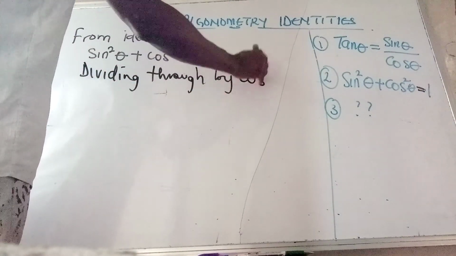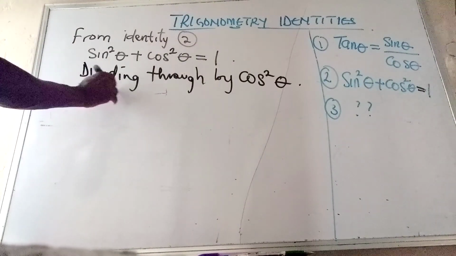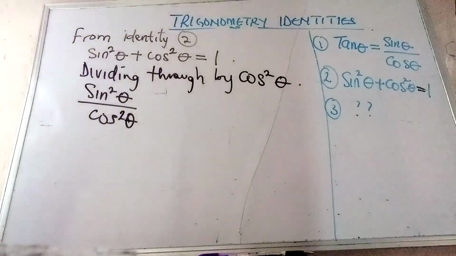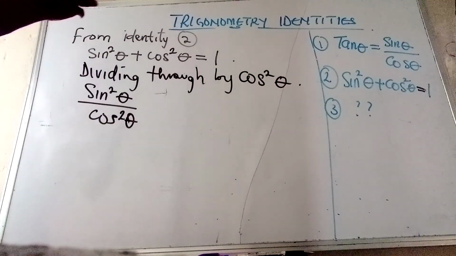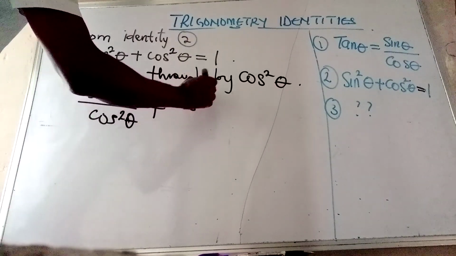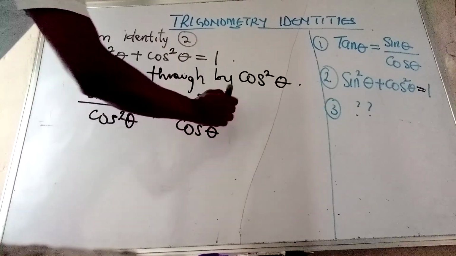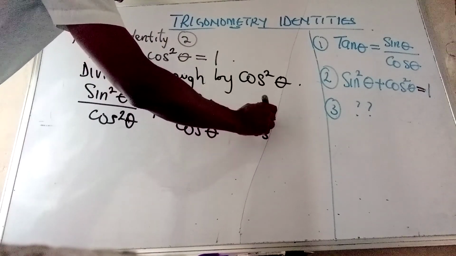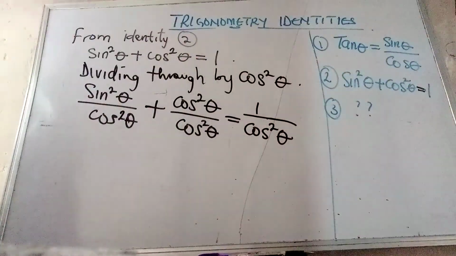by cosine square theta, I will have sine square theta over cosine square theta plus cosine square theta over cosine square theta equals to 1 over cosine square theta. I have divided through by cosine square theta.